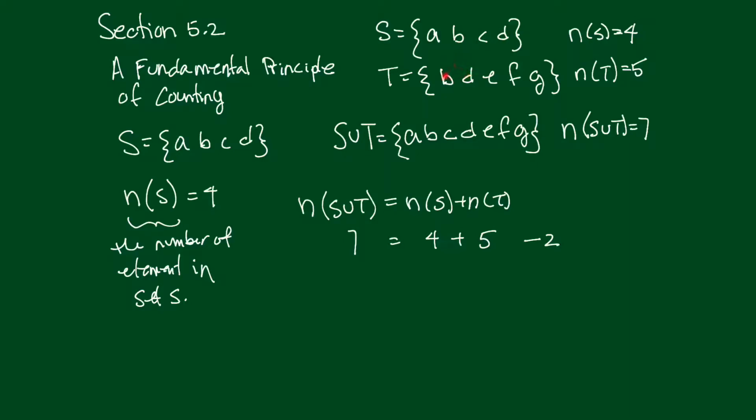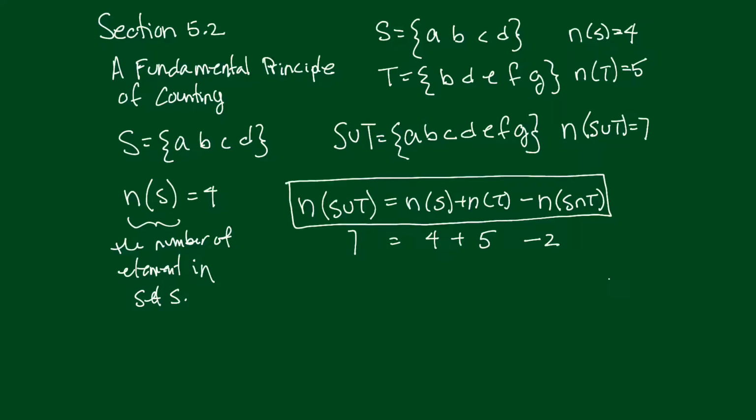So B was common to both, D was common to both. That happens to be the intersection of those two sets. So that 2 is accounted for here. I'm going to subtract off the number in the intersection of those two sets. So here's the formula that we're looking for. This is one of the fundamental counting principles.